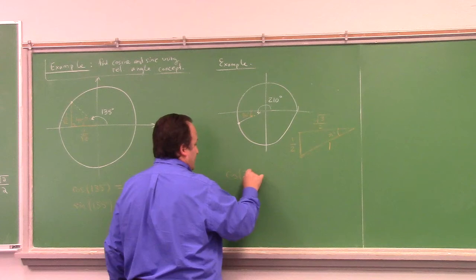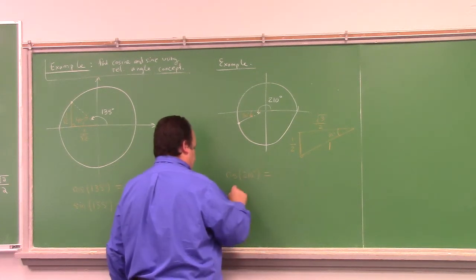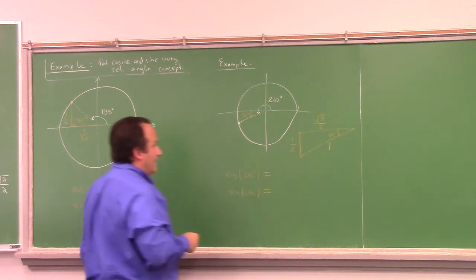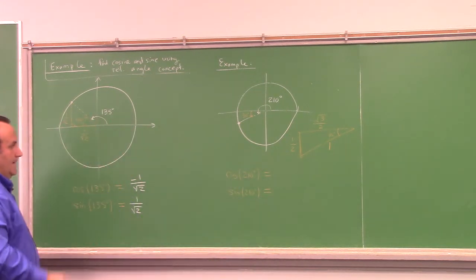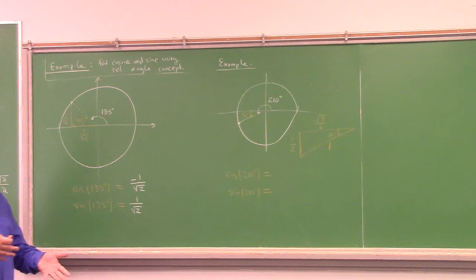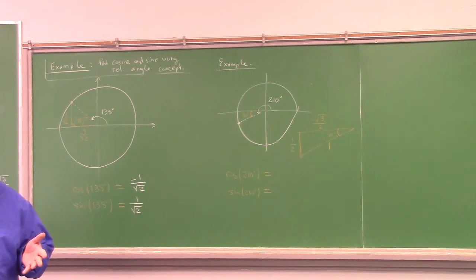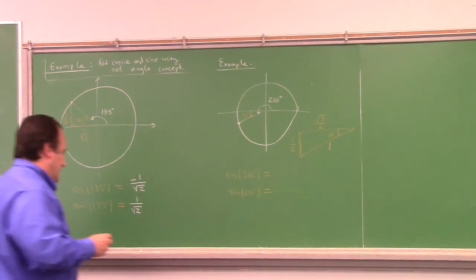Cosine of 210 degrees, sine of 210 degrees, what are those equal to? In magnitude, it should be the same as the sine and cosine of the reference angle. Let me state that again as a theorem.